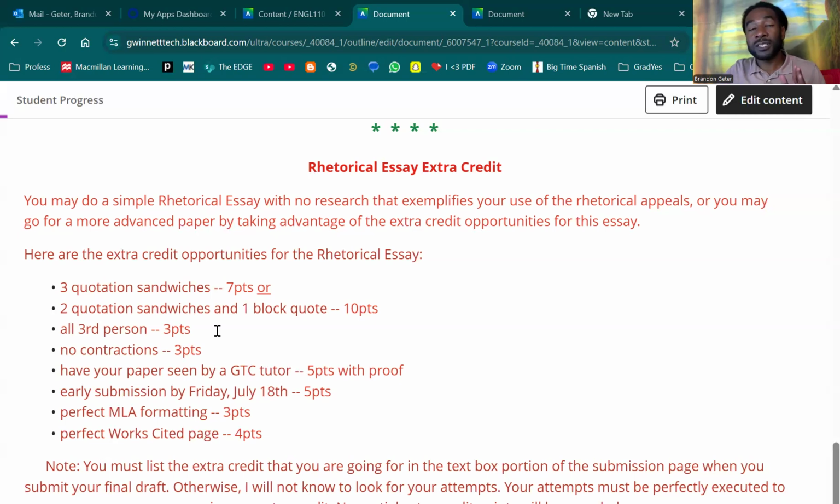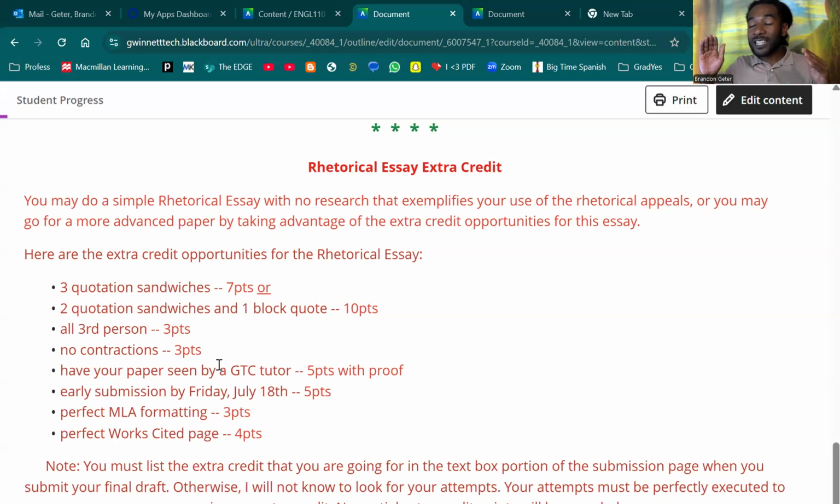So that's third person. If your essay is in all third person, then you can earn 3 extra credit points. If you have no contractions, contractions are words that combine 2 words together and put an apostrophe in there, like can't, won't, I'll, wouldn't.